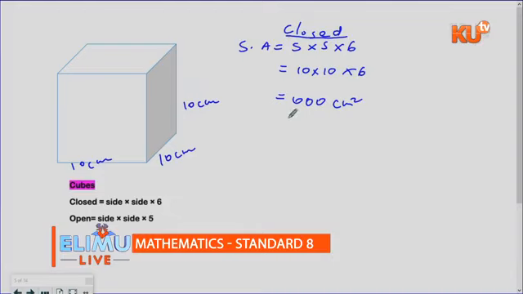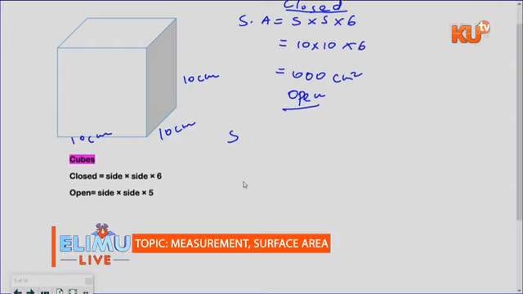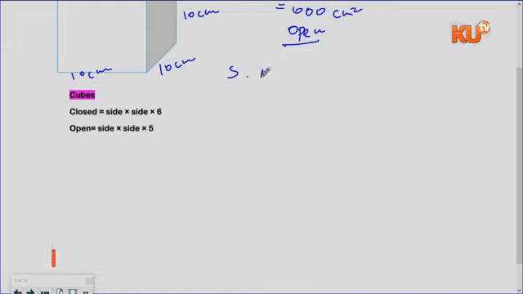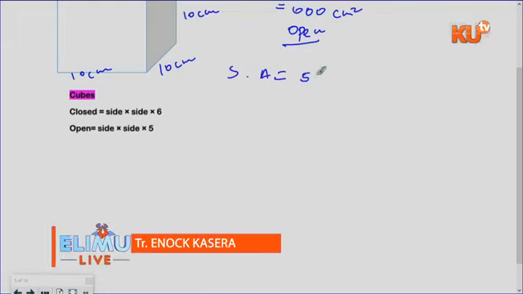Now, what about if it is open? If it is open, then we have explained earlier that an open cube has got 5 faces. So we just come here and say surface area is equal to 5 times side times side.